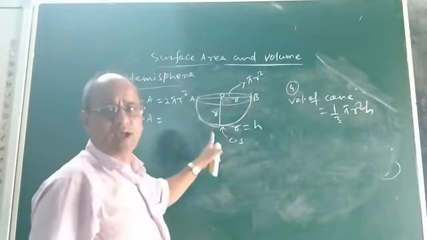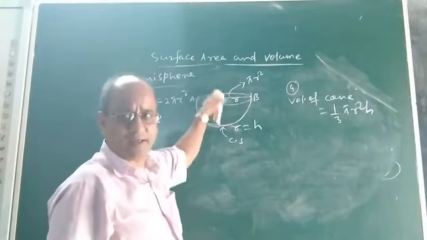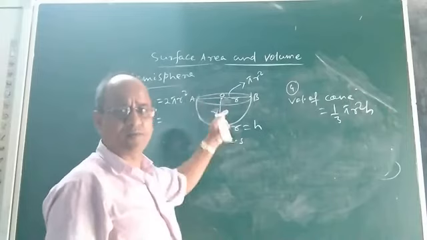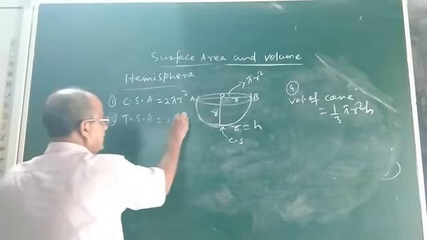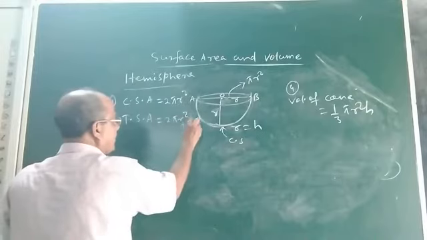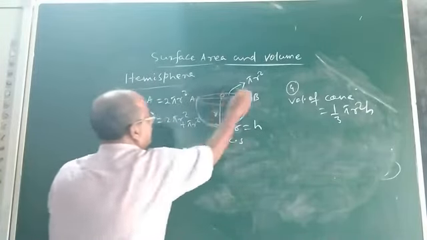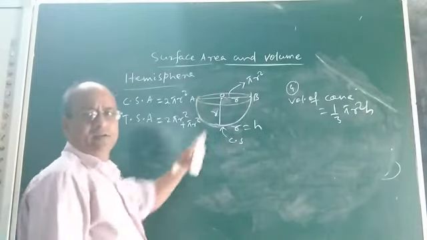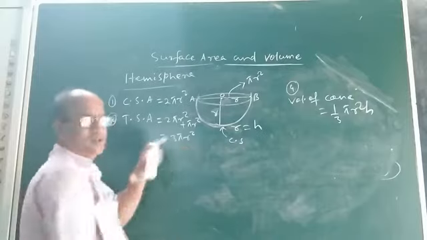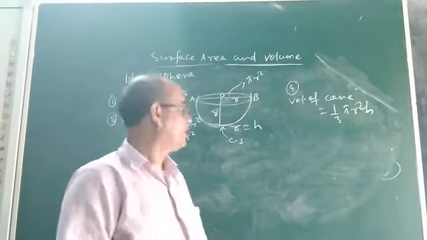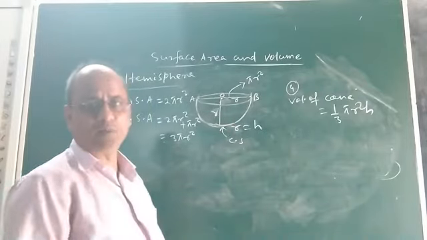If we add the area of the curved surface to the area of the plane circular end, we will get the total surface area. So total surface area will be 2 pi r square plus pi r square. The area of the curved surface is 2 pi r square and the area of this circular region is pi r square, so it will be 3 pi r square. So this will be the total surface area of a hemisphere. Then how to find its volume?